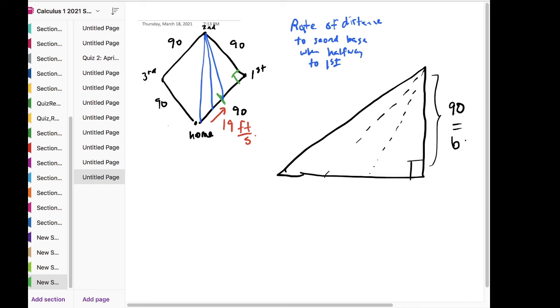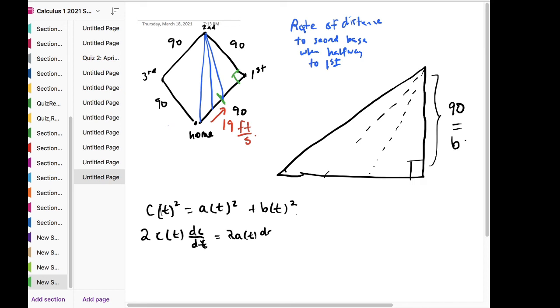So we have c(t) squared is equal to a(t) squared plus b(t) squared. When you take the derivative, you have 2c(t) dc/dt is equal to 2a(t) dA/dt plus 2b(t) dB/dt.